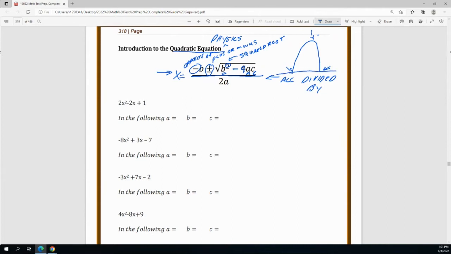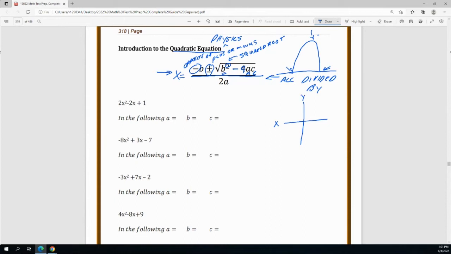So what you're going to have is 2 items. X equals, well, we're talking about graphing on the coordinate plane, where this is the x-axis, this is the y-axis.